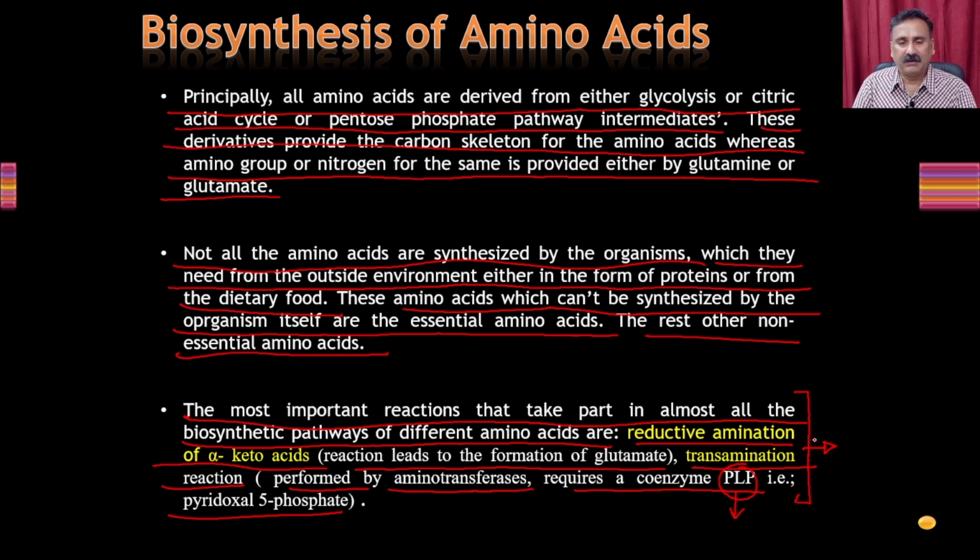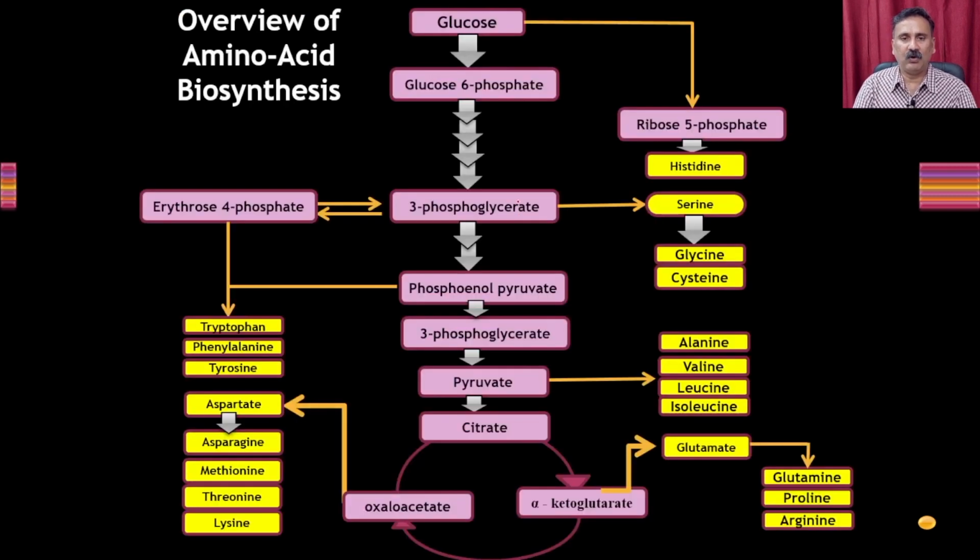Now, as far as amino acid synthesis is concerned, amino acids can be synthesized either from glycolysis, the TCA cycle, or the pentose phosphate pathway. So if you see an overview of the amino acid biosynthesis, what you will see is glucose 6-phosphate. What you see from here to here is the glycolysis, right?